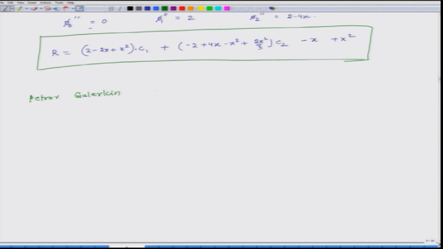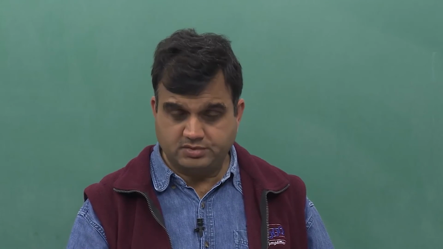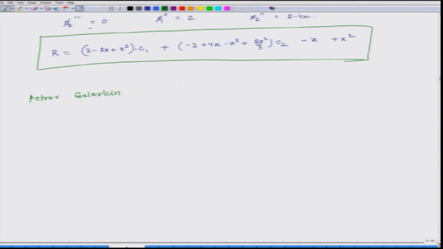Here the weight function should not be the same as the approximation function for the primary variable. So, I choose, say, psi 1 as the weight function x and psi 2 as the second weight function x square. Okay. So, this is one.